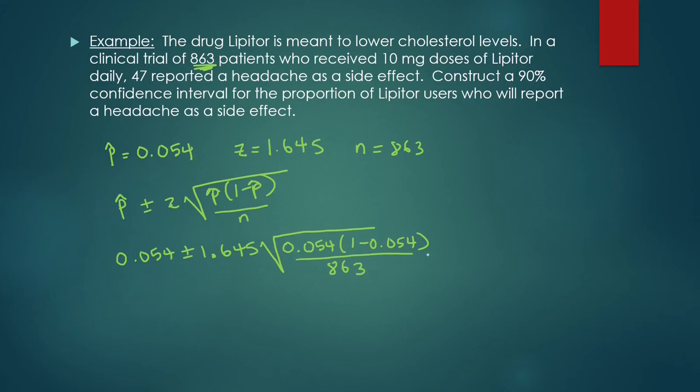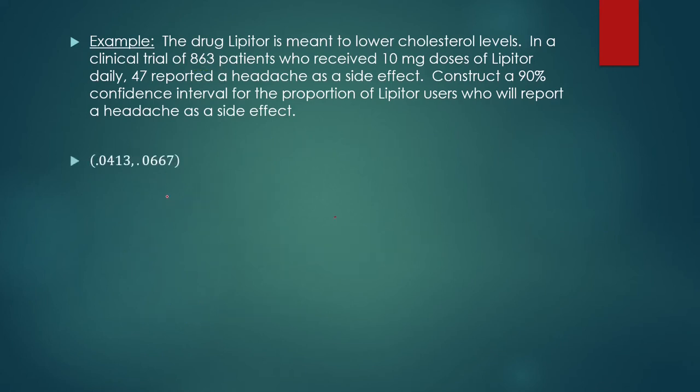Simplify the right side of the equation first. So I have 0.054 plus or minus 0.0127. I have to perform the subtraction between the numbers, and then we'll do the addition, and this gives us a confidence interval of 0.0413, comma, 0.0667.